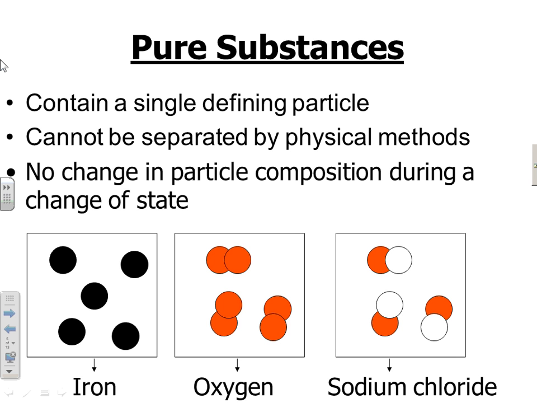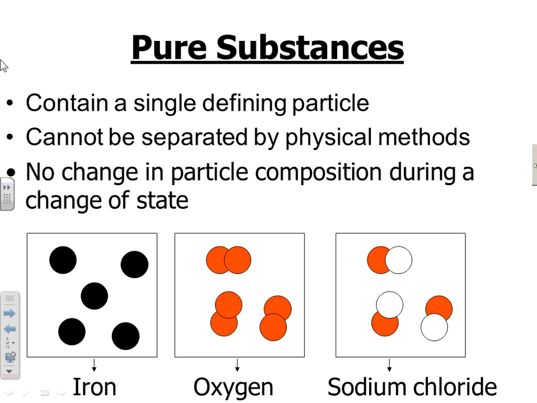Here we've got iron. Now notice we've put it into a little example of a box, and each sphere is identical. That's because iron is made up of individual iron atoms together in a hunk of iron. But notice in this picture, I have oxygen. Oxygen is made up of two oxygen atoms stuck together.